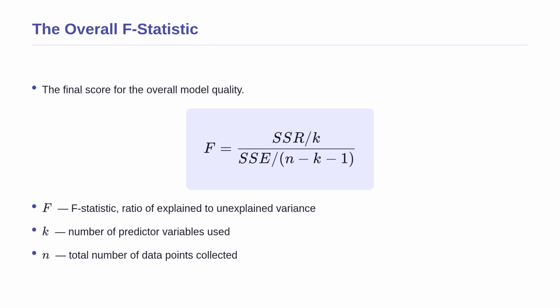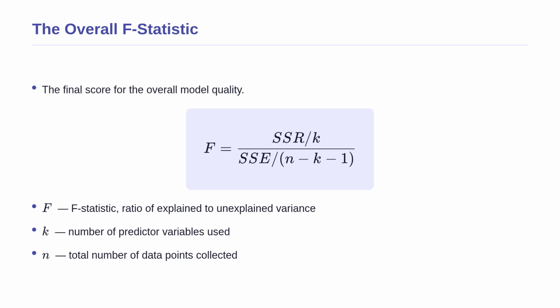Building on those sums of squares, we can now calculate the F statistic, which acts as the final score for our overall model. Conceptually, this formula is a ratio of the average explained variation to the average unexplained variation. In this equation, F is our test statistic. The variable k represents the number of predictor variables we are using, and n represents the total number of data points we collected.